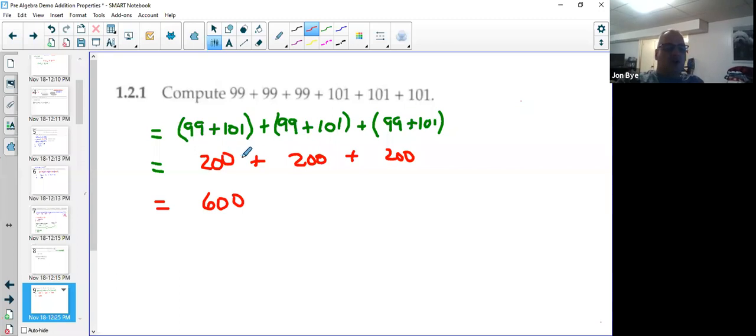If you have 200 plus 200 plus 200, that's just multiplication. I've got 3 times 200, because I have 200 added together 3 times. So we get 600. But we're going to get to that.